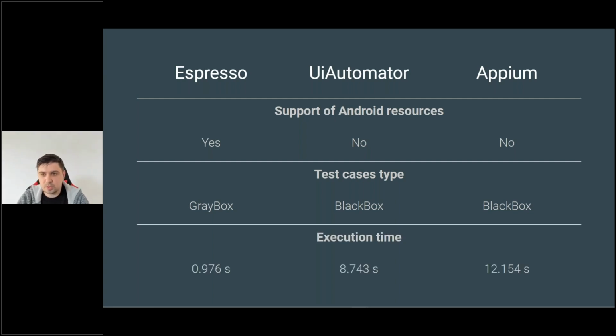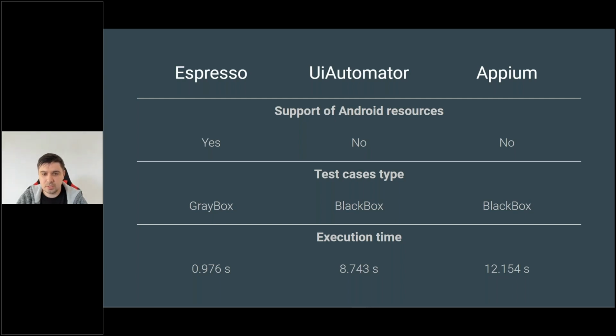And the super important part is time execution. If you compare all these frameworks, Espresso is super fast compared with all other frameworks. I rewrote one pretty small suite of tests with 3 different frameworks.